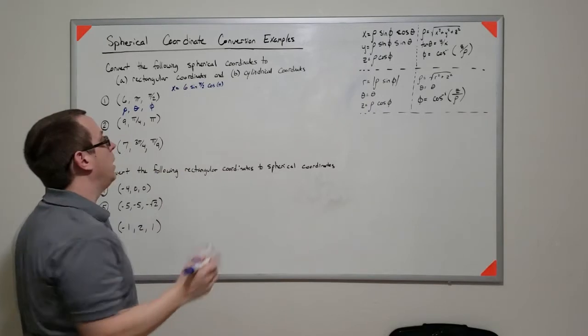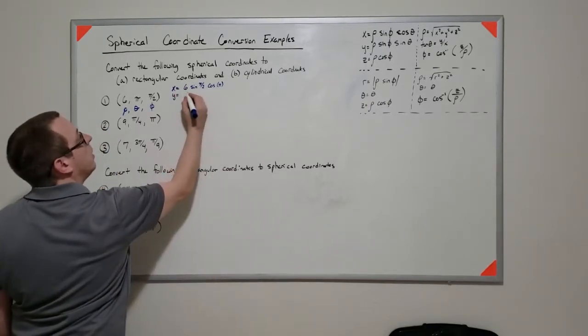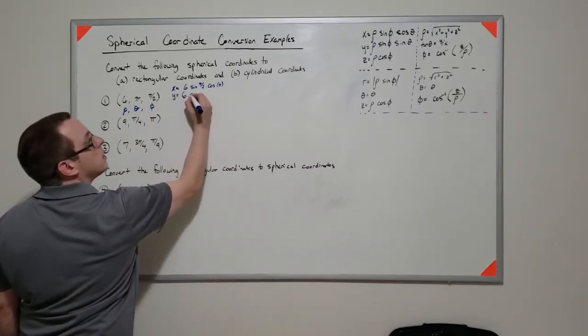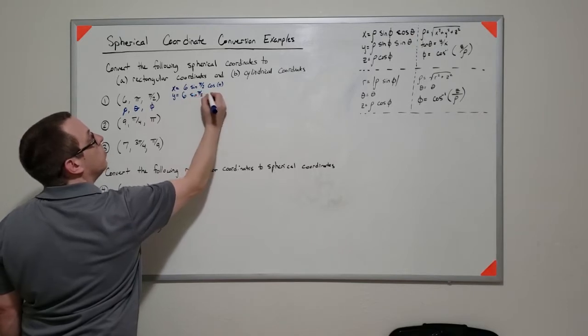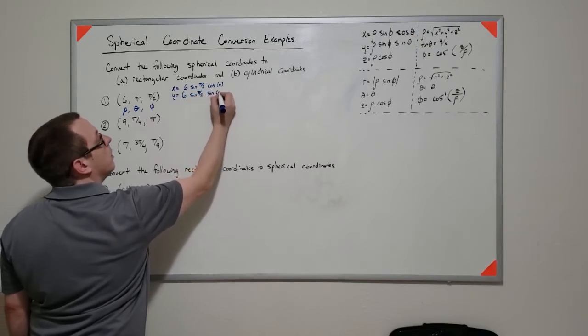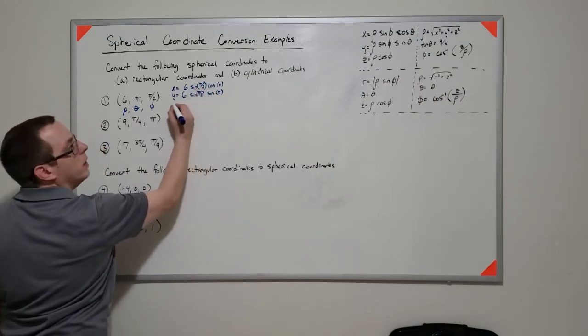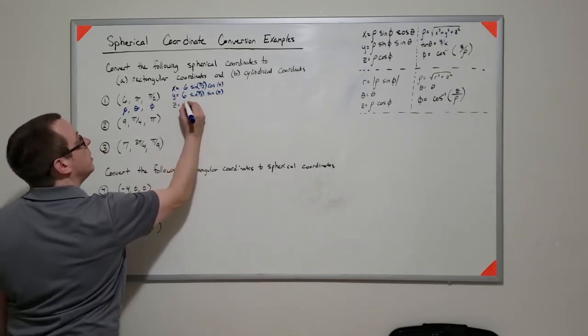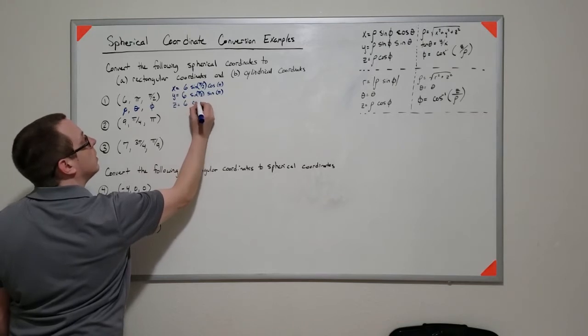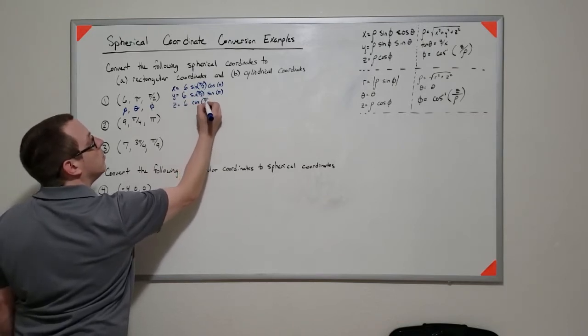Then y is 6 sine pi over 2 sine of pi, and z is 6 cosine pi over 2.